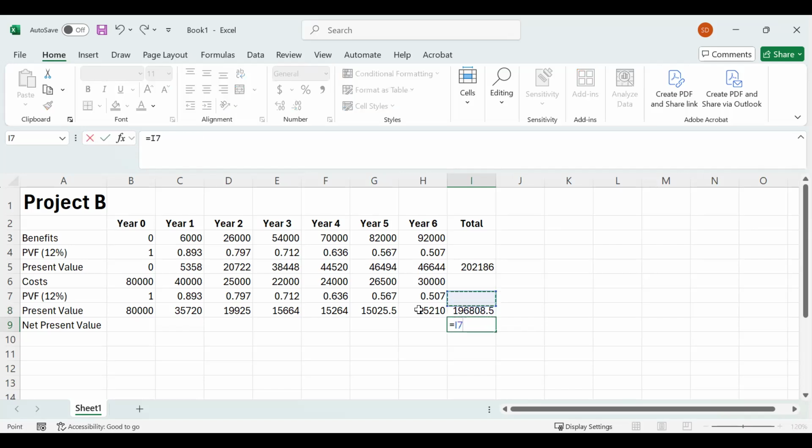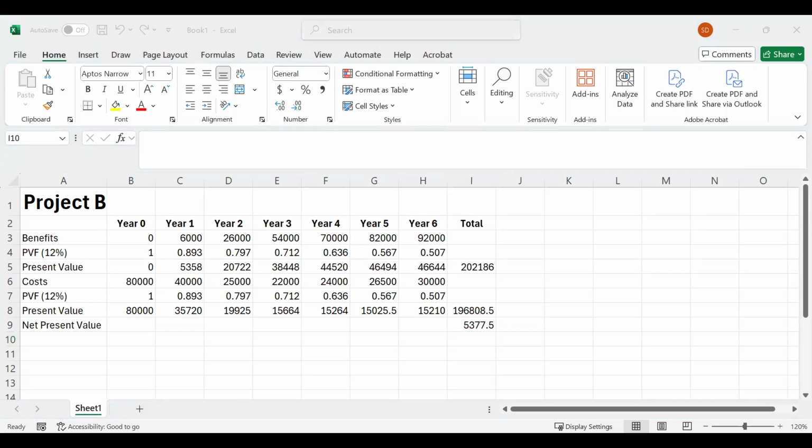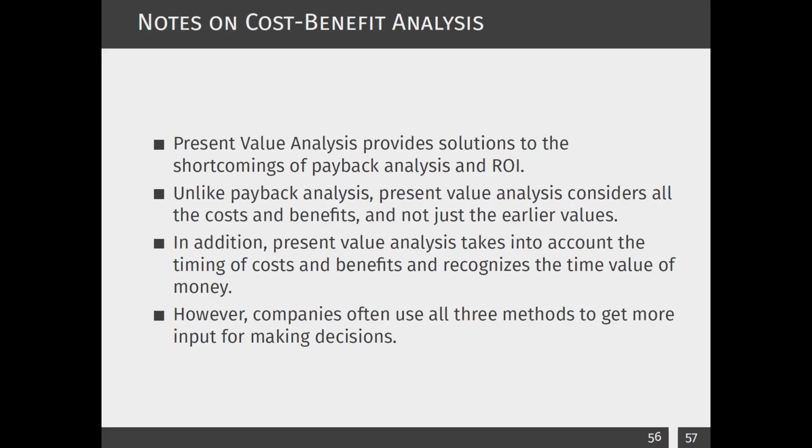So let's take the difference. This is the benefits, this is the cost, and you will get 5,377.5. Okay, as you have seen already.